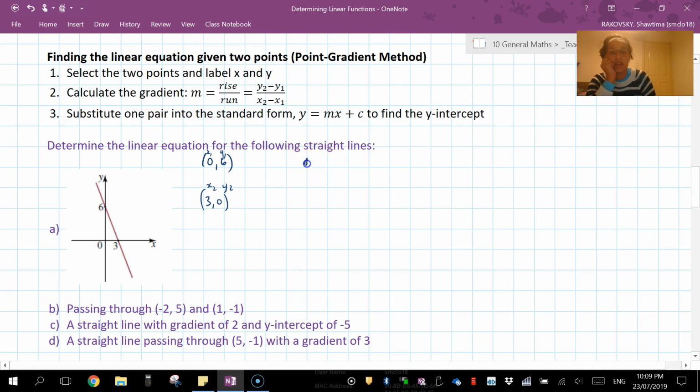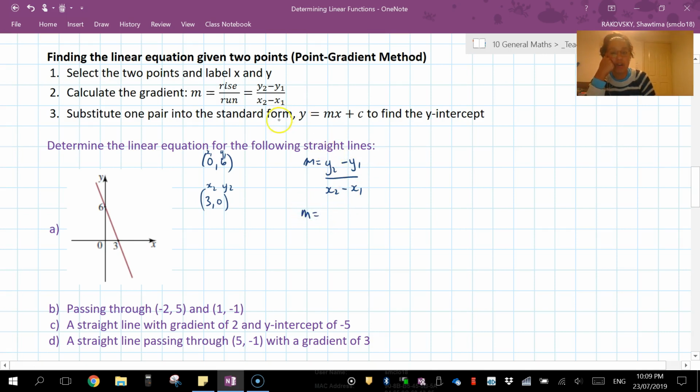So m equals y2 minus y1 over x2 minus x1. The y difference is your rise, going this way, and the x difference is your run, which is this way. That's why it's rise over run.